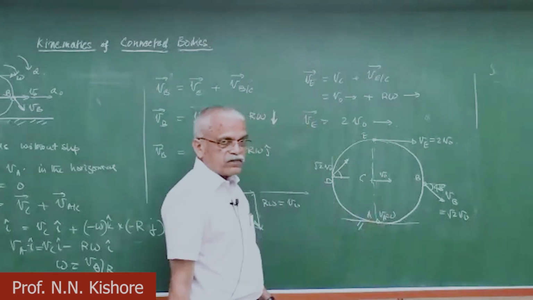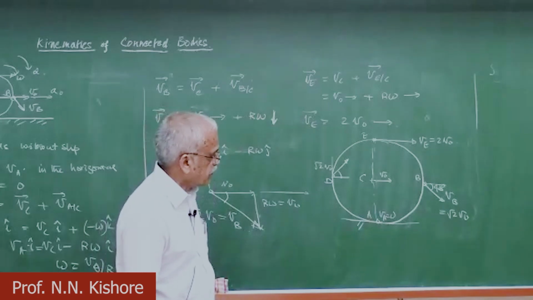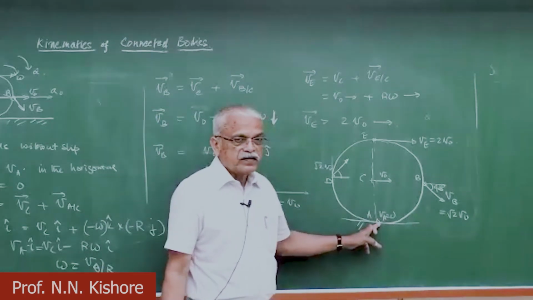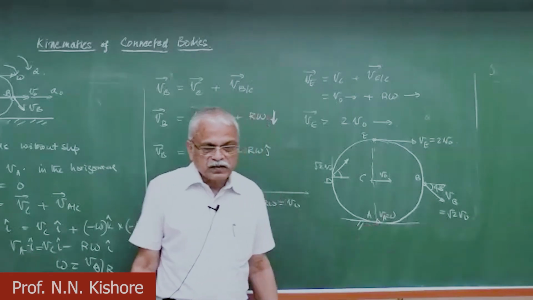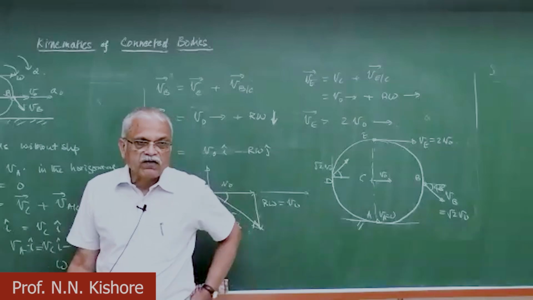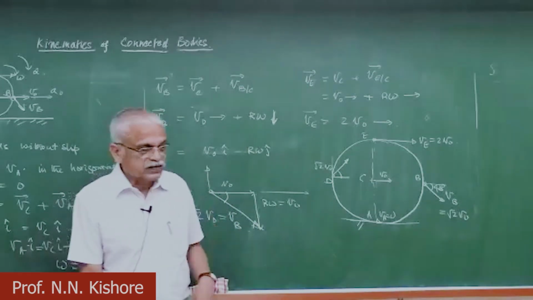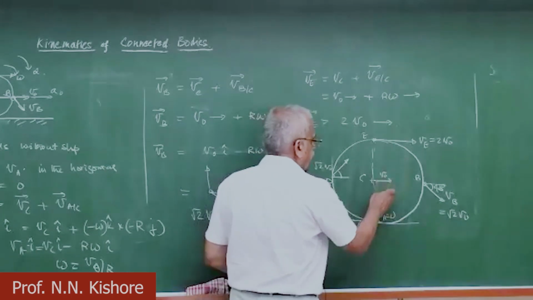This is very interesting. We are going to talk about something like instantaneous centers later. So here, this point is having a zero velocity. So what does that mean? If it is a zero velocity, it seems to be a center of rotation as far as the velocity is concerned. So everything seems to be rotating about A, and you can see that.